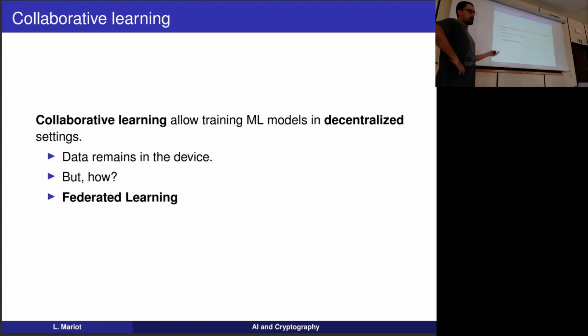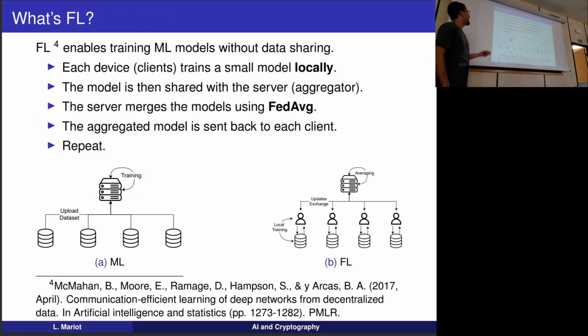So how do we cope with this situation? Well, one idea is called federated learning. In federated learning, the idea is that we are able to train machine learning models without doing an explicit sharing of the data from the edge devices. So instead of having a single central server giving a huge model over all possible input data, we will have a situation where each device, or each client, trains a small model locally, okay?